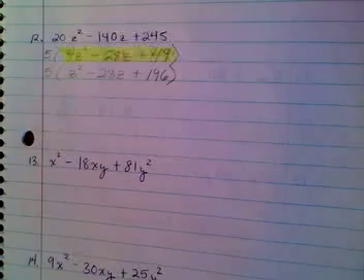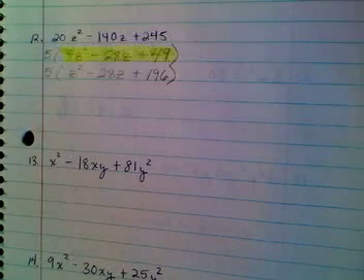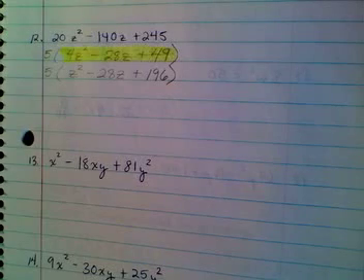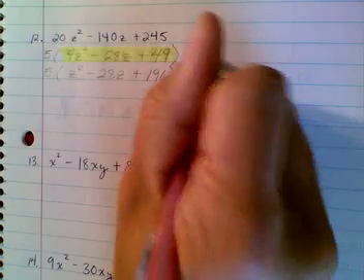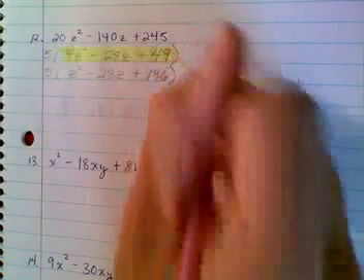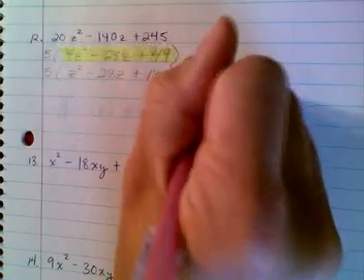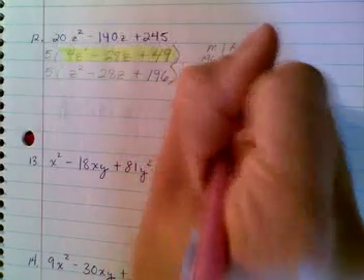That's 196. So what multiplies up to 196 and adds up to negative 28?